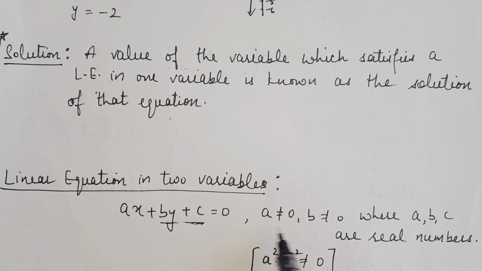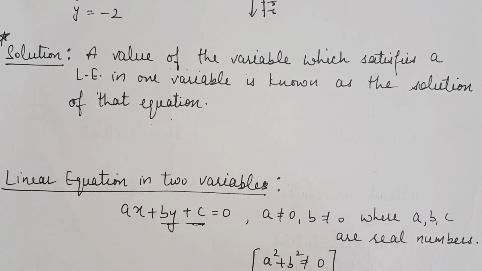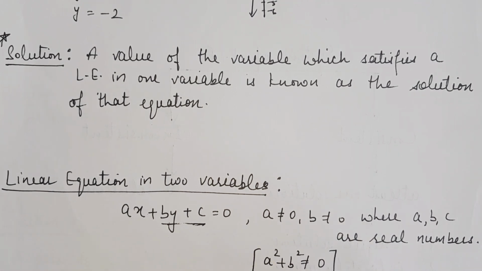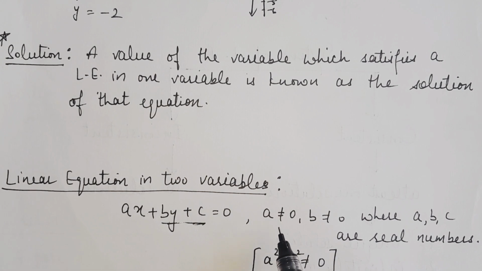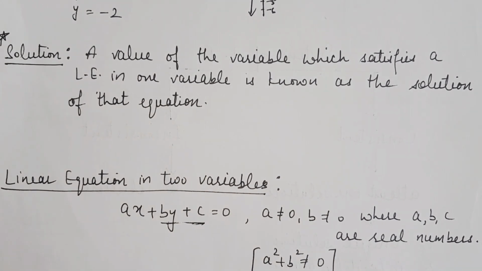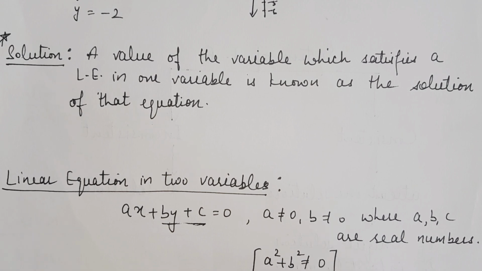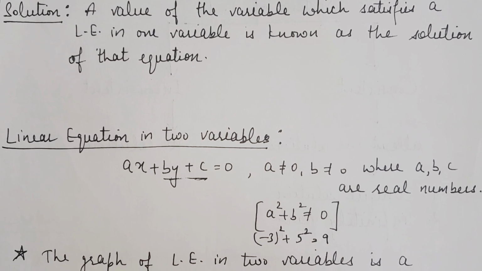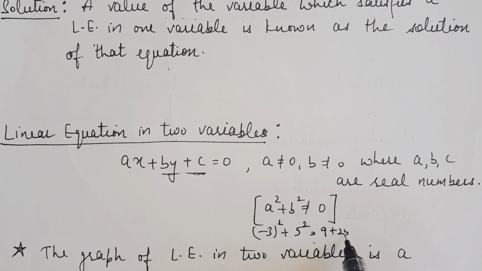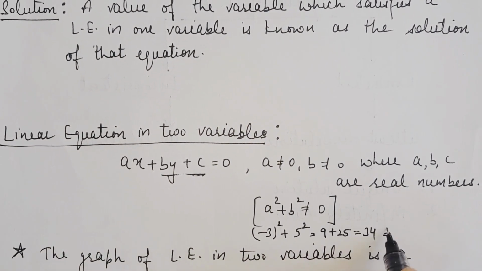We can sum up this condition, a non-zero and b non-zero, as a square plus b square not equal to 0 also, because if a and b are non-zero, their sum of squares cannot be 0. Suppose a is minus 3 and b is 5. Then minus 3 square is 9 plus 5 square is 25, so their sum is 34, which is not equal to 0.